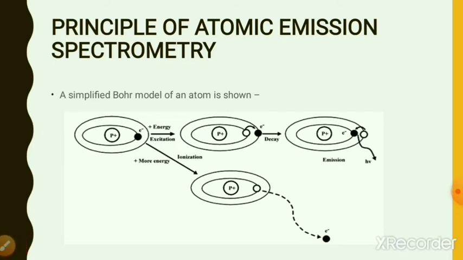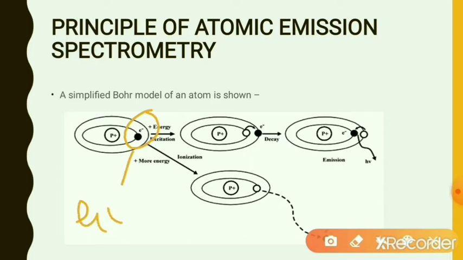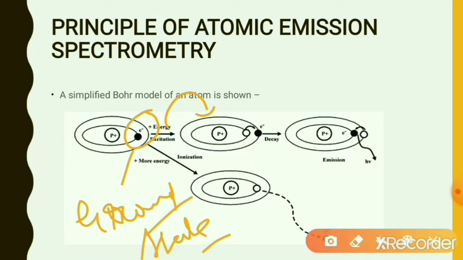So whenever energy is given by outside sources, the lowest energy electrons, which are also called the ground state, get excited and move into a higher energy level state in which they become unstable.